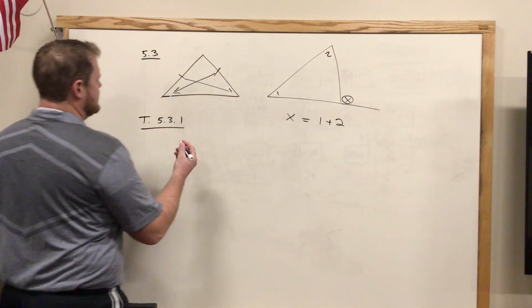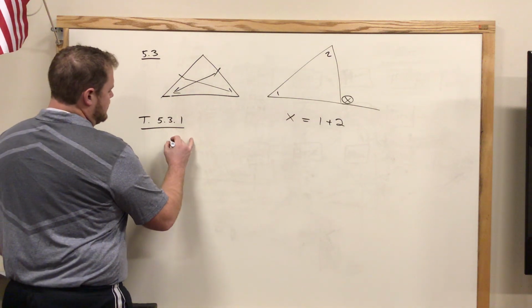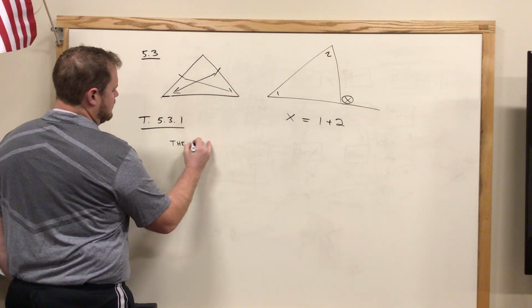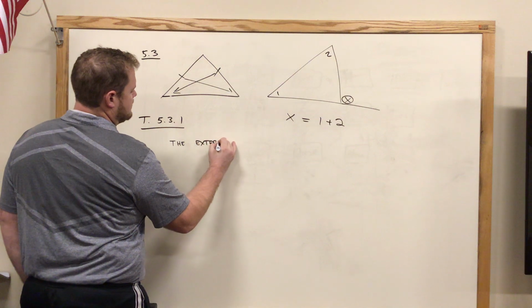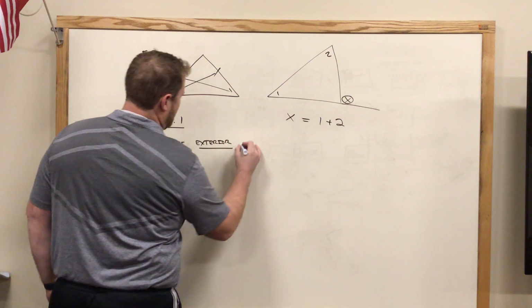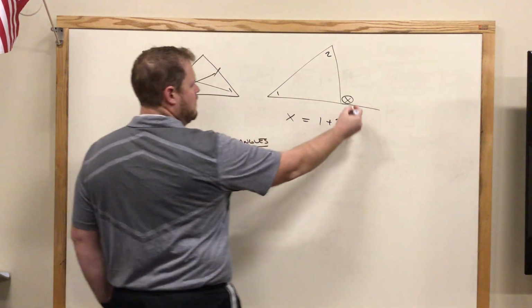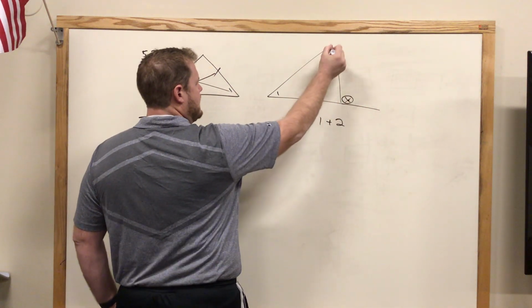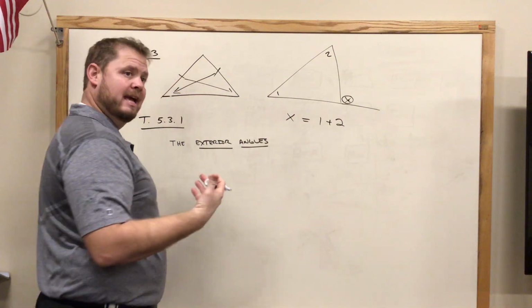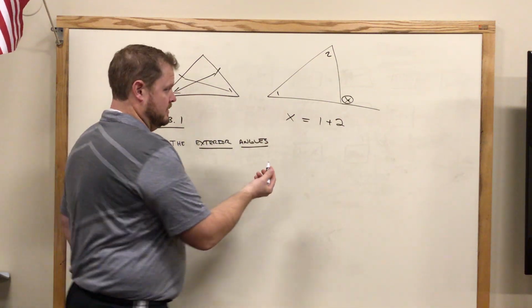So what is it saying? The exterior angle is going to be bigger or smaller than 1 and 2? Well, think about this for a second.